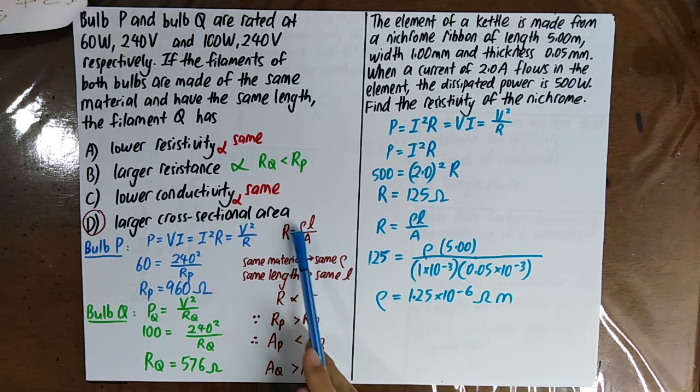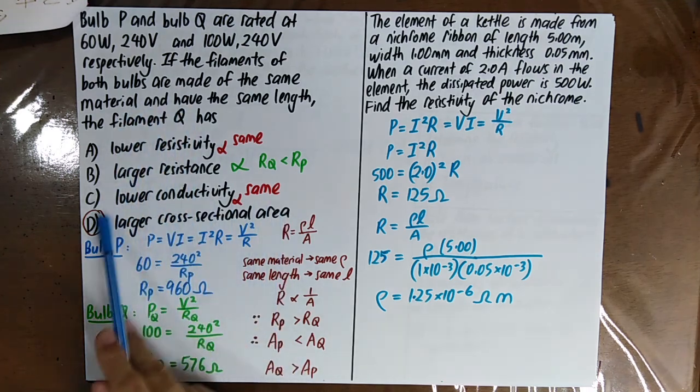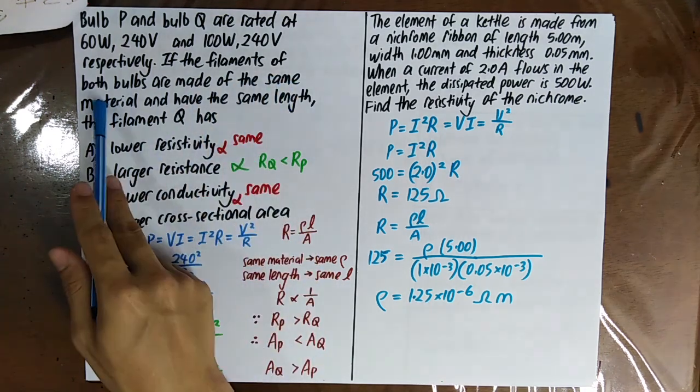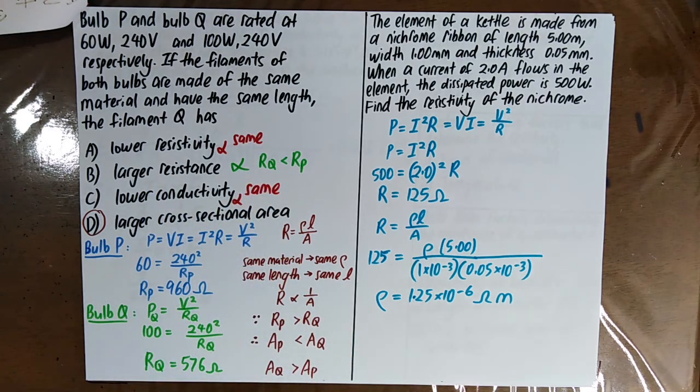Okay, when ρ and L is constant, you know that R is inversely proportional to A. And therefore when the resistance of P is greater than resistance of Q, therefore the area of Q is larger than area of P. So Q has a larger cross-sectional area than P. Because they are using the same material, and therefore the resistivity and conductivity are the same.